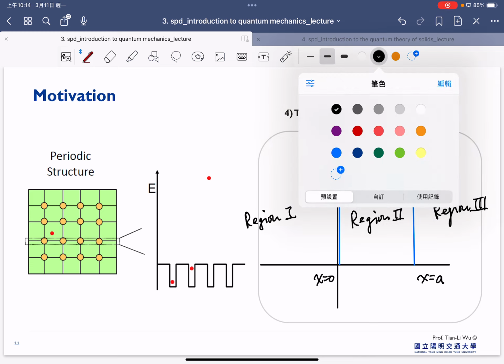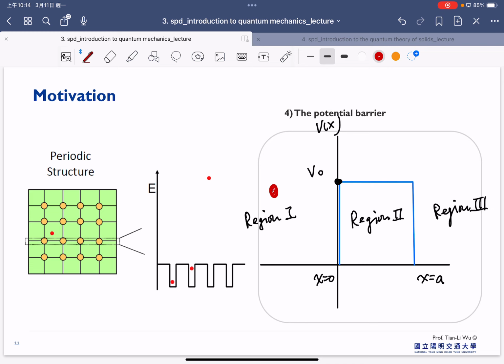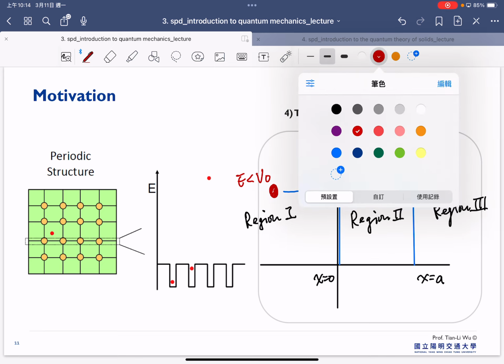And our electrons will try to move toward the right-hand side, but the energy is smaller than this potential barrier here. So this is the condition that we are interested in. And why this condition is more practical in our case, in a semiconductor case, is because this is exactly the case like our MOSFET.